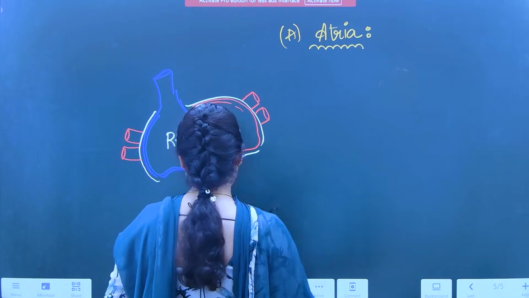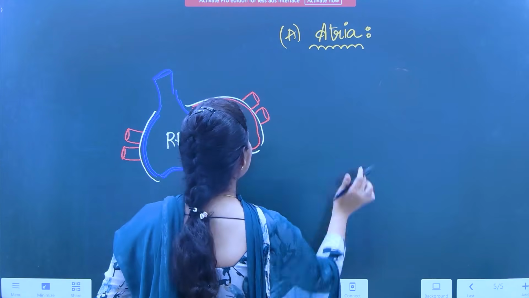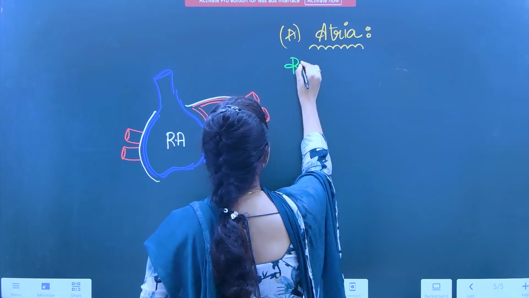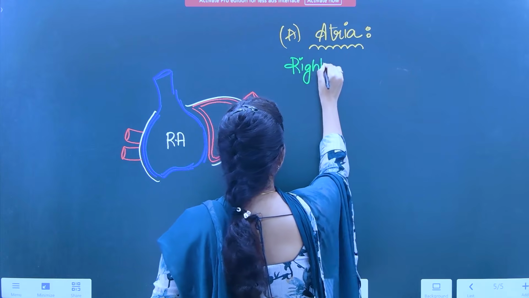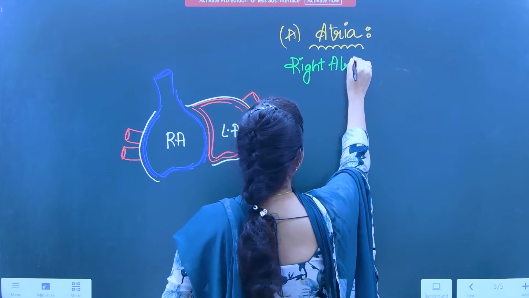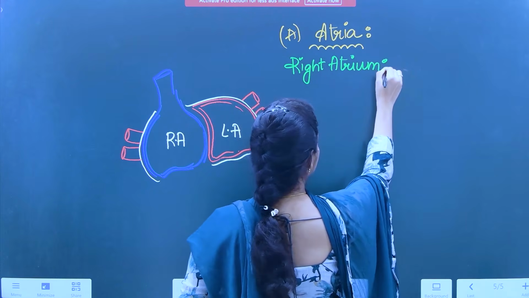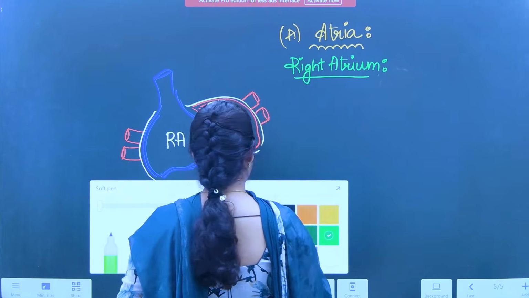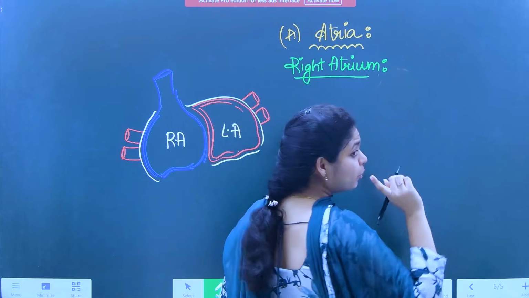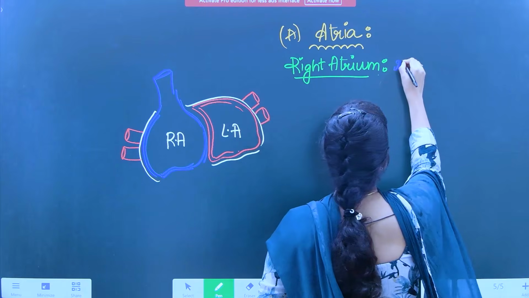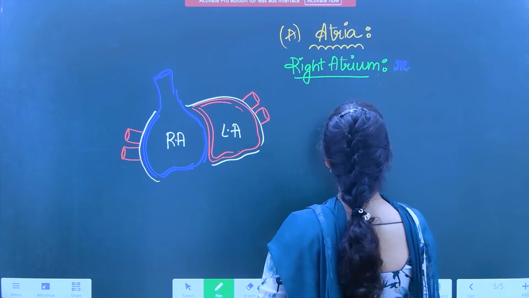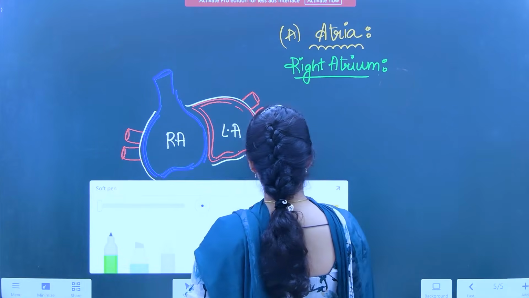Now, if you see, the right atrium, we will learn about each one, okay? Right atrium, if I'm writing with blue, it means deoxygenated blood. Oh, I think this blue is not visible. Shall I use this blue?